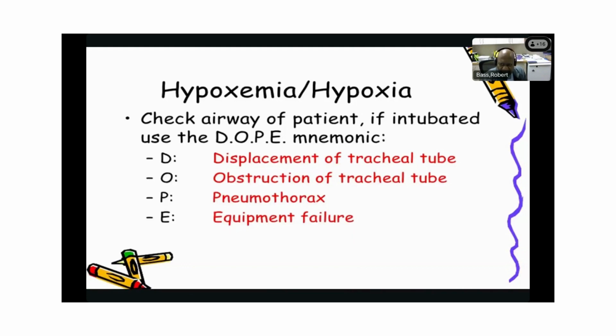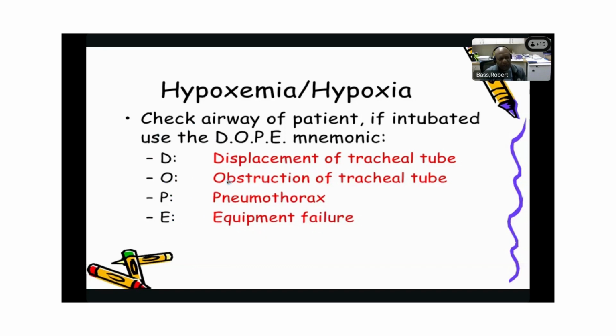The D stands for displacement of the tube, the O stands for obstruction, the P stands for pneumothorax, and the E stands for equipment failure. So any type of tube that this patient may have can be troubleshot with this mnemonic, DOPE. Once again, D is displacement, O obstruction, P pneumothorax, and E equipment failure.